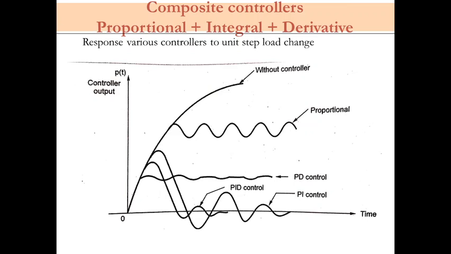Then we have seen the requirements of ideal controllers, discussed regulators, the comparison between open loop and closed loop systems, and the types of controllers, that is PID and the combination, that is composite controllers, and their behaviors. Okay, so with this we'll end the first module.